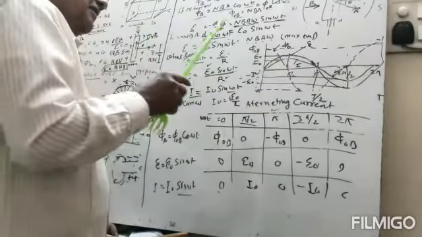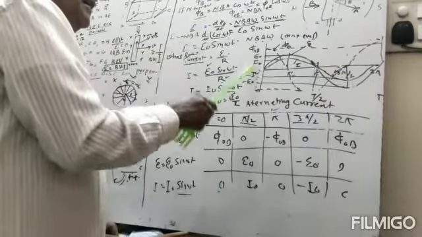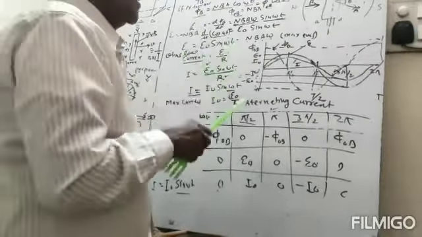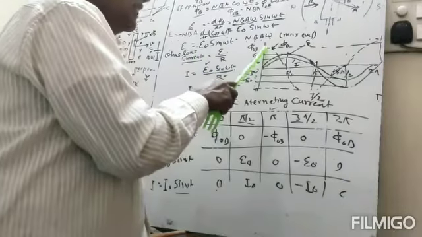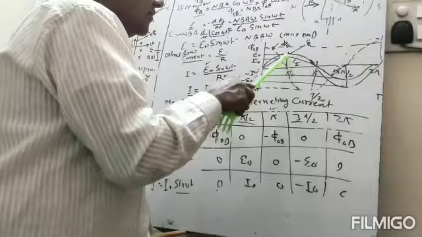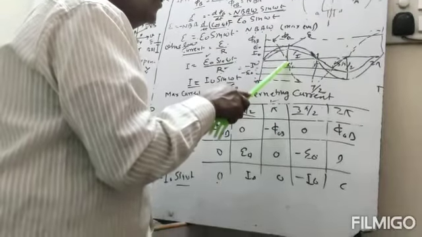We find the value of magnetic flux as well as the EMF and current, and we see that when the magnetic flux is maximum, then current is 0. When current is maximum, then magnetic flux is 0.